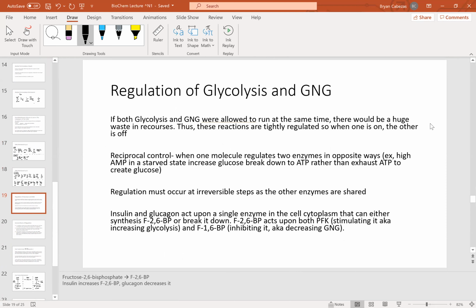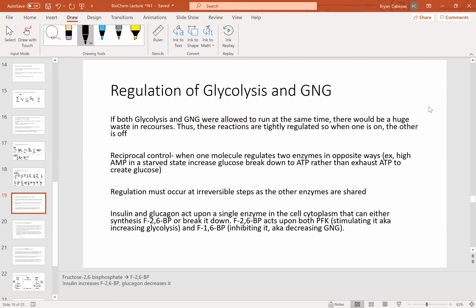For that reason, if those two reactions were occurring at the same time, all you would have is the production and catabolism of glucose happening in the same cell, just a big waste of energy, right? Just building something up just to break it down.